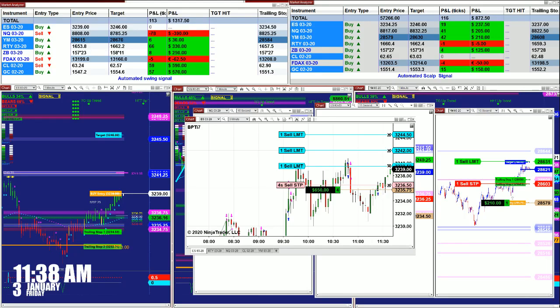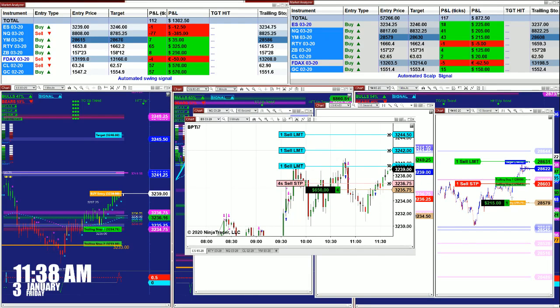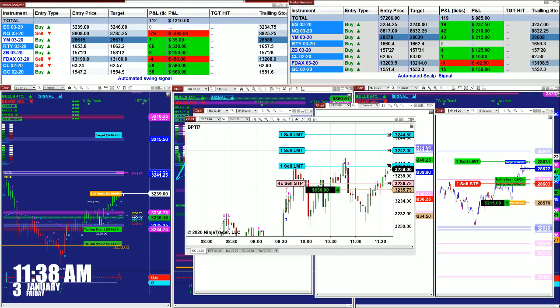Let me try to load the institutional auto trade and try to use just one entry.